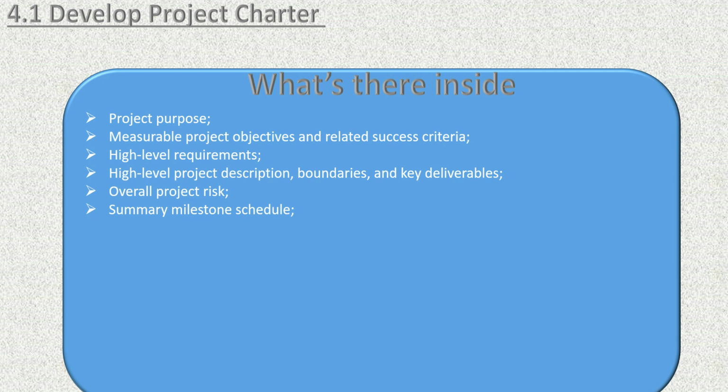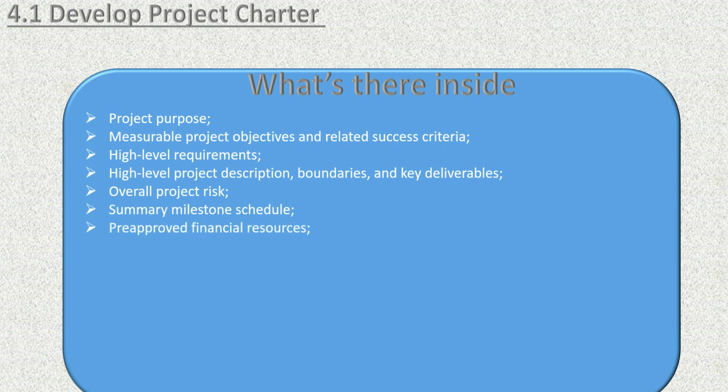So this summary milestone schedule will act as an input or guidance to your further scope management, or controlling the scope. Fine. So the points which we are mentioning right now, which should be inside the project charter, each and every point acts as some input to the other knowledge area processes like cost and scope, etc.